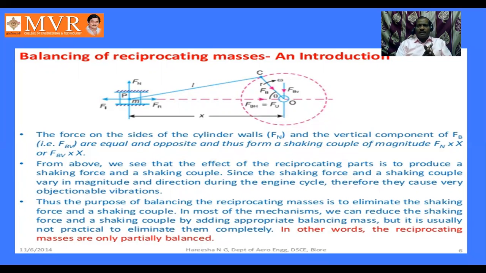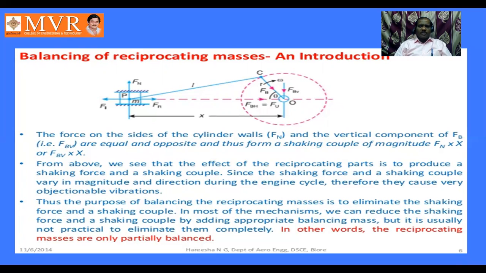I think you have already had this concept explained. Vibrations can be controlled by adding balancing mass. Still, in reciprocating systems we cannot bring the system completely into a balanced state. By adding masses, we bring the system only partially balanced.